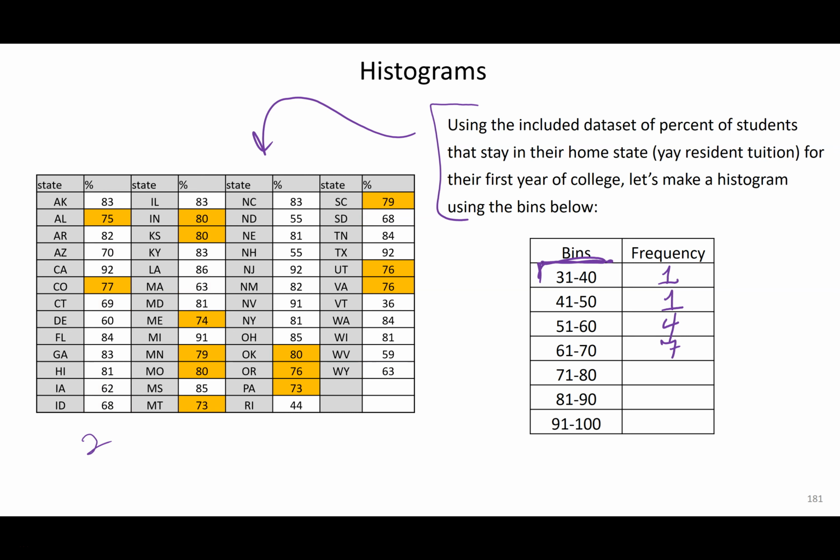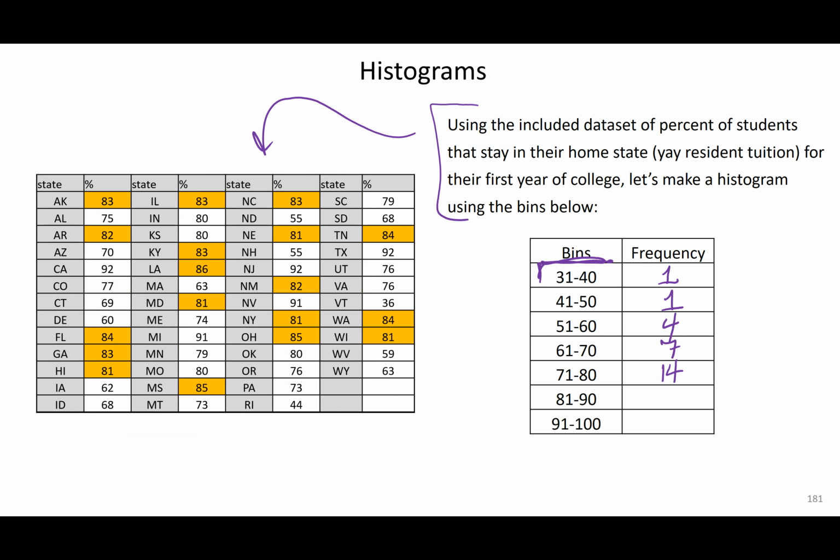There's 2, 6, 3, 3. Looks like 14, I think. Then 81 to 90, 5, 5, 5, 3. 18. And then 91 to 100, it looks like 5.